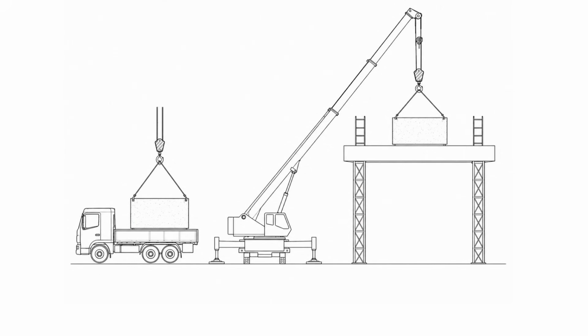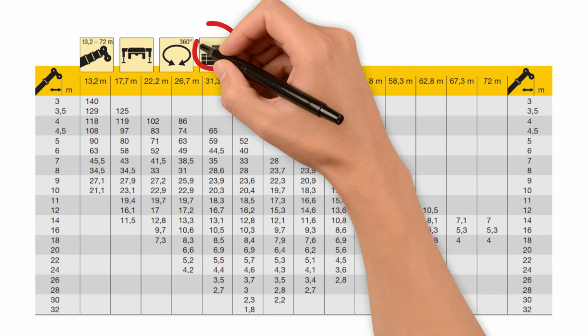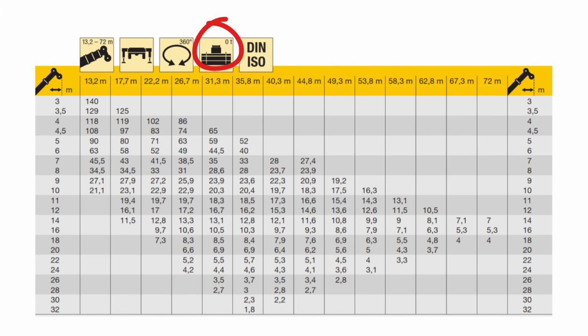Now let's determine the required crane capacity. Our working radius is 20 meters. Our boom length is 35.8 meters. We'll begin with the smallest counterweight, which is 0 tons.